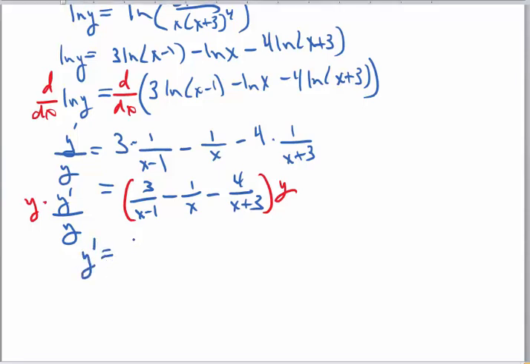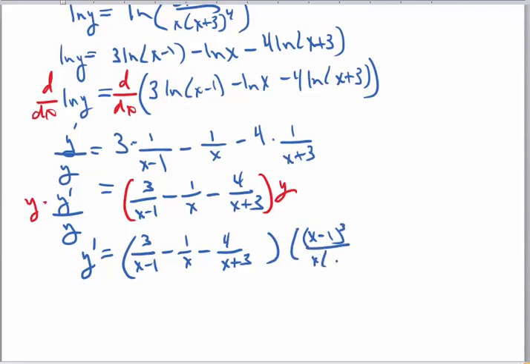It's y prime equals this whole expression, which is 3 over x minus 1 minus 1 over x minus 4 over x plus 3. And I'm multiplying this by y, which I have an initial expression for, right? It was actually x minus 1 to the third over x times x plus 3 to the fourth.